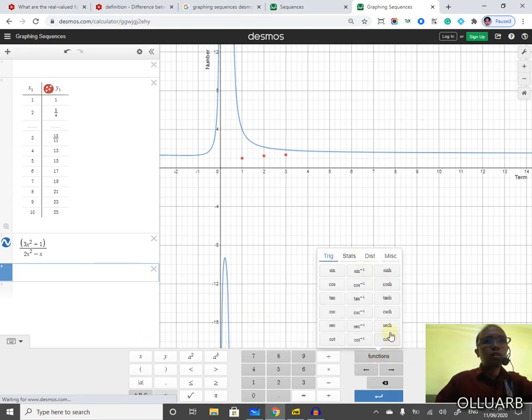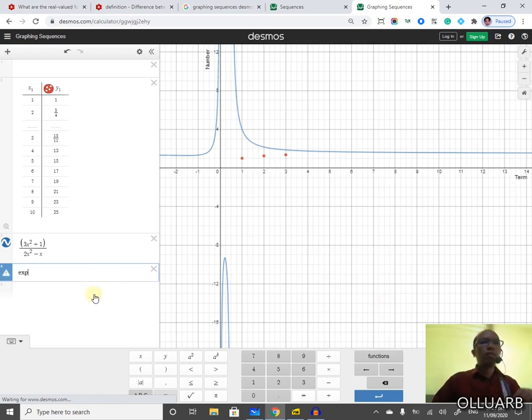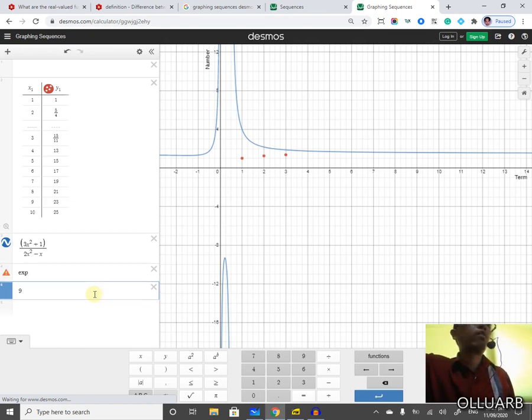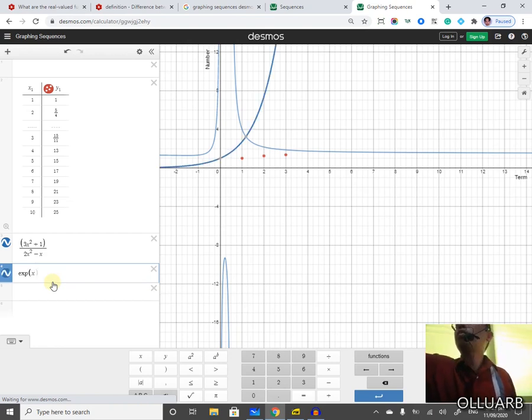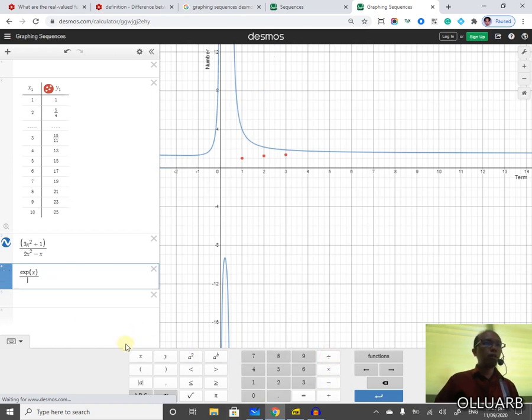Let's try the exponential of x divided by x.